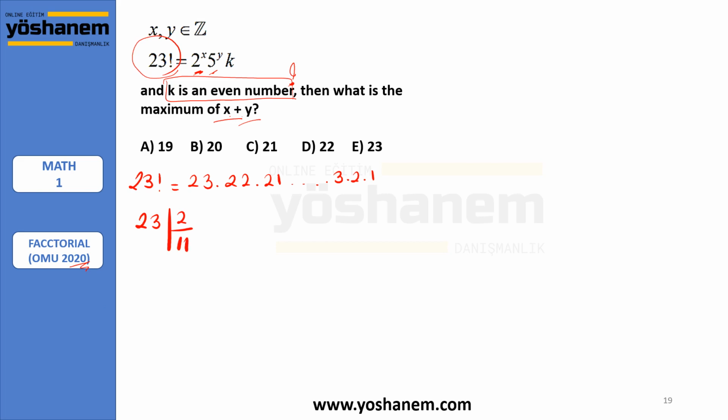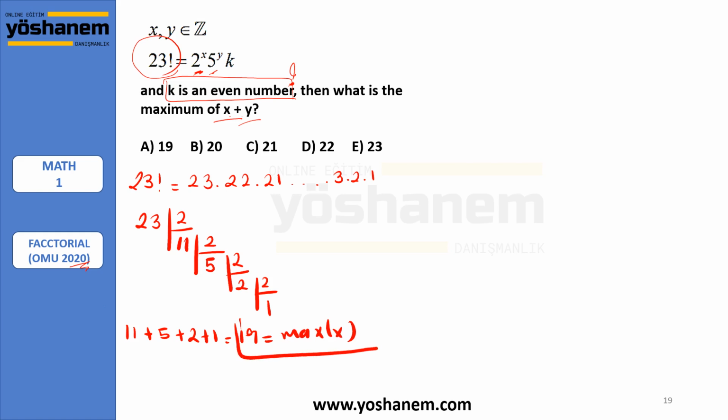So it's 11, right? Let's divide it again. It's 5, divided by 2, it's 2, and it's 1. Since I cannot divide a 1 by 2, we have to stop here and we will add these quotients together, 11 plus 5 plus 2 plus 1, and that's my maximum x. It's 19, right? 19 is my maximum x.